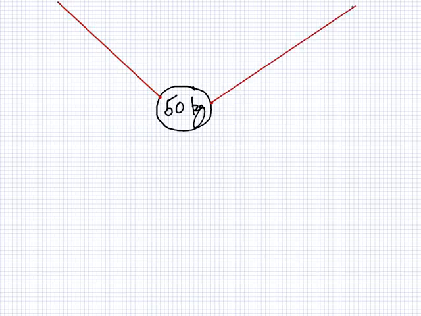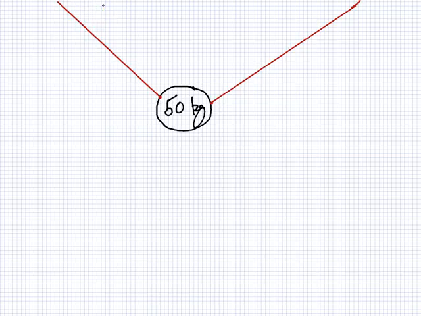Andy, you can give it to me. A 50 kilogram mass hangs from the ceiling by two strings which make an angle of 40 degrees and 50 degrees with the vertical.